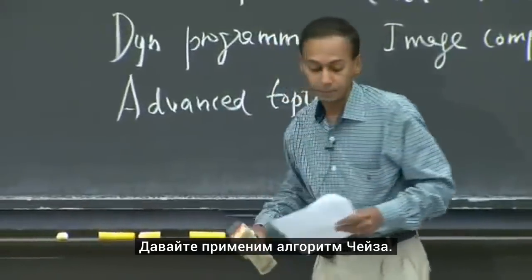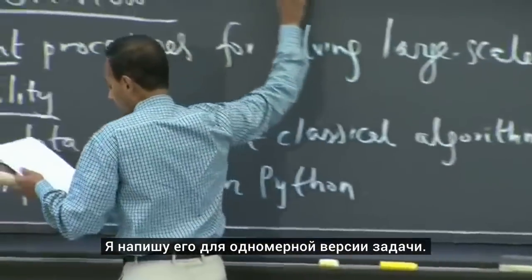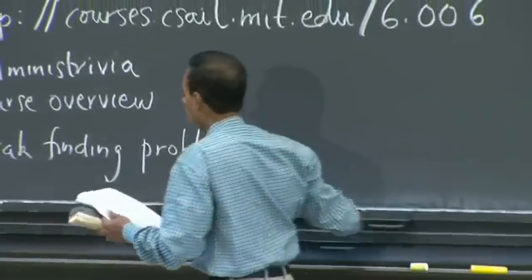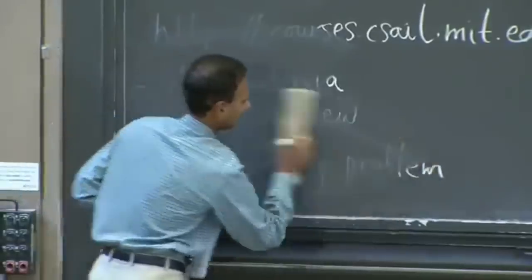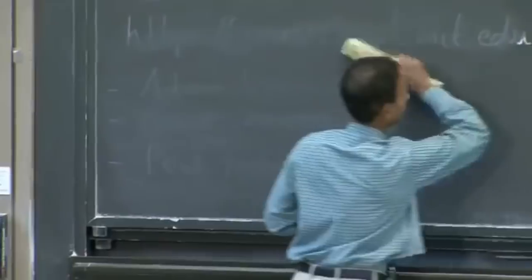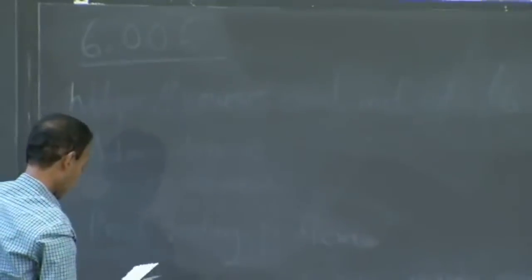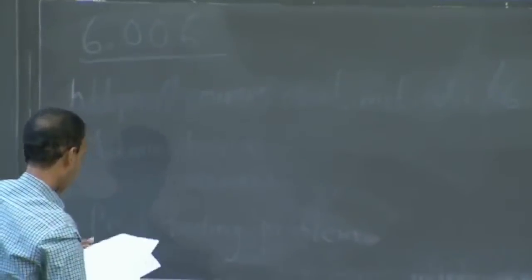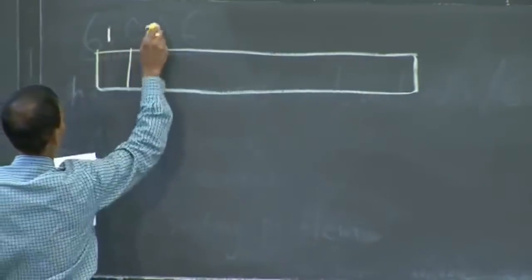So let's put up Jace's algorithm up here. I'm going to write it out for the 1D version. So what we have here is a recursive algorithm.